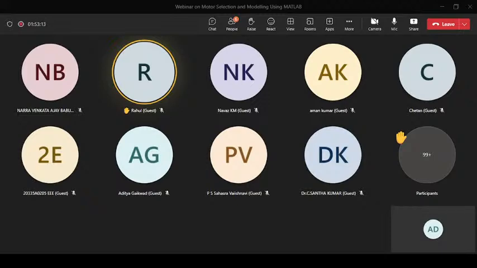According to that curve, we get an idea of what motor capacity will be used for this particular vehicle specification. The calculation I showed is a brief idea, so that you can understand the basics of motor selection.